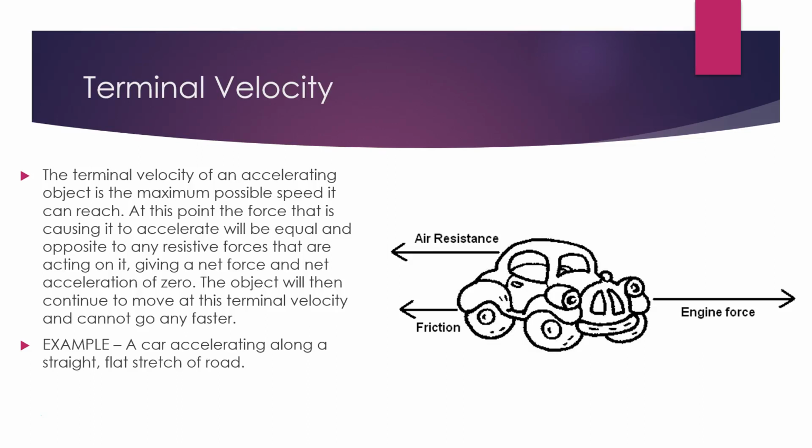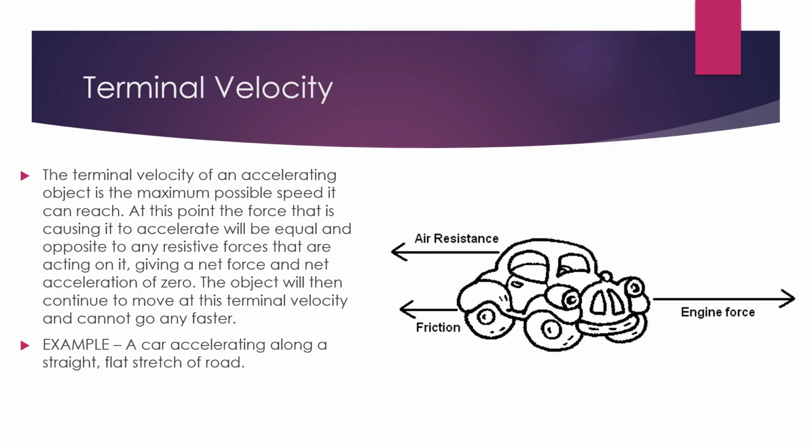So what happens there is, for a moving object with air resistance, you'll always have two sets of forces acting on it. You'll have the force that acts to push it forwards, what we call the accelerating force, and then acting in the opposite direction, you'll have air resistance, and depending on the scenario, you may also have friction as well.